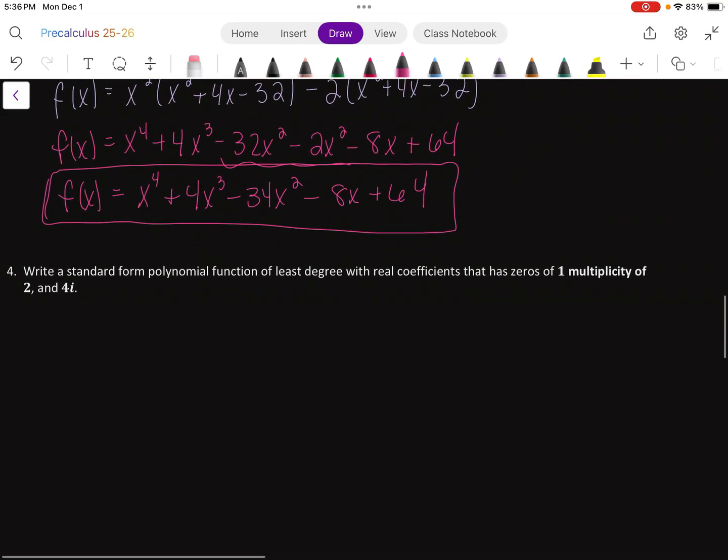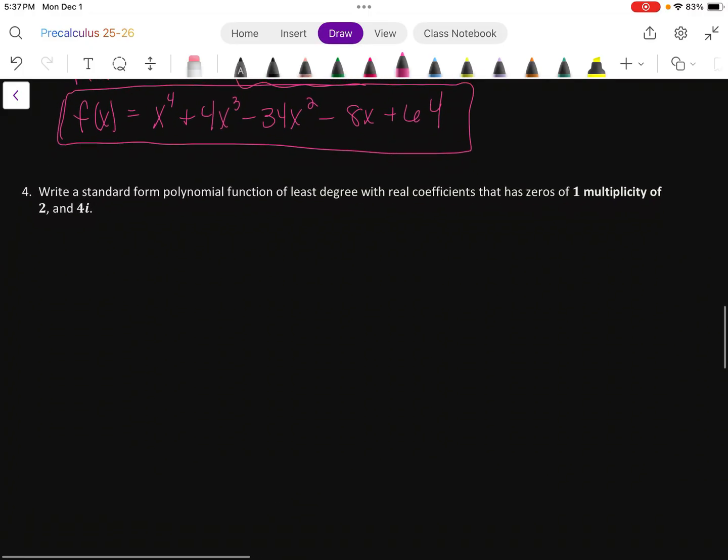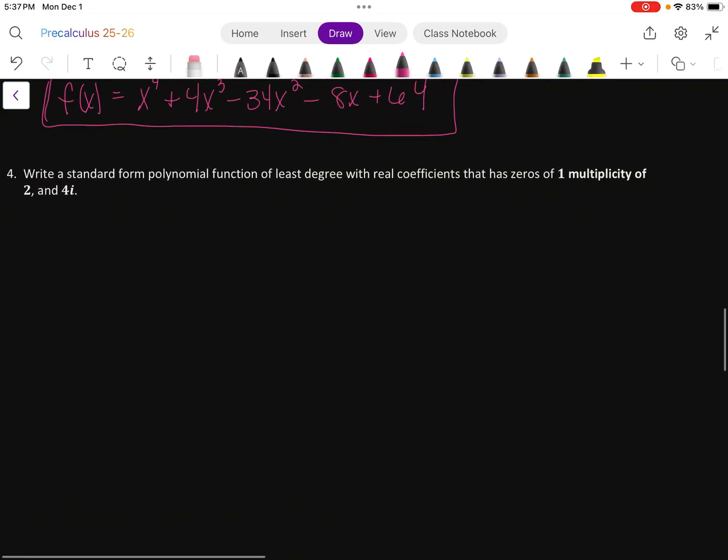Another one here. This time it has a multiplicity of 2, with the zero being 1, and then we've got another imaginary zero. So imaginary, complex, imaginary, needs its opposite. So we've got negative 4i is a zero.